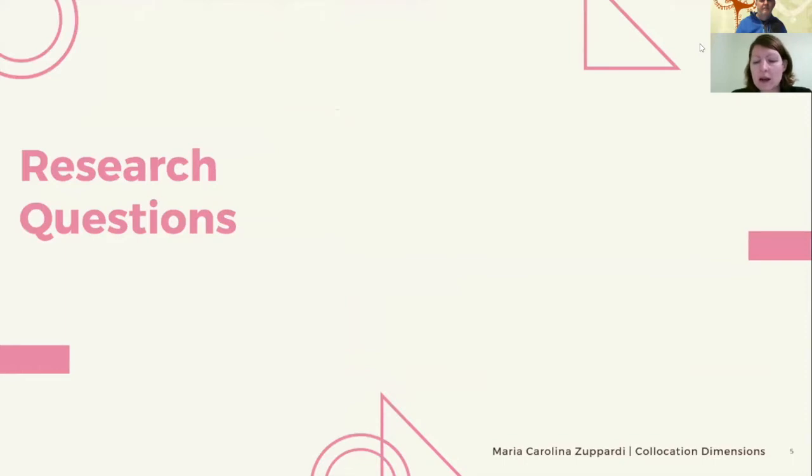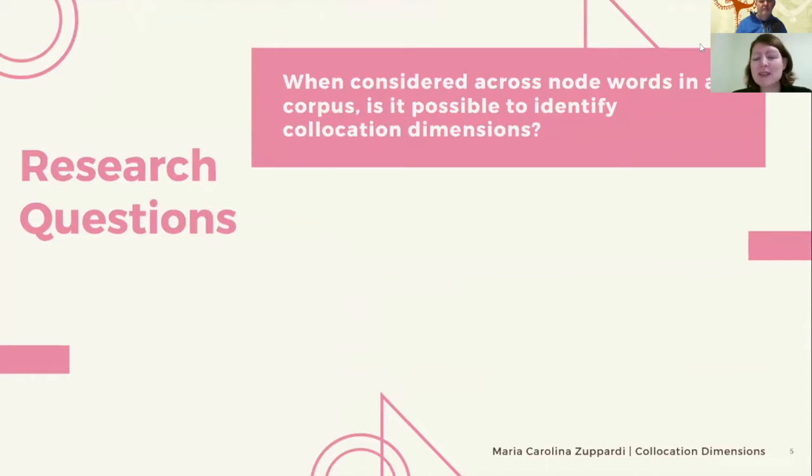And so that got into some of my research questions. Not all of them are here, since this is just the good part. When considered across node words in a corpus, is it possible to identify collocation dimensions? By collocation dimensions, I mean extended collocational networks where a set of collocates are shared across a set of nodes.